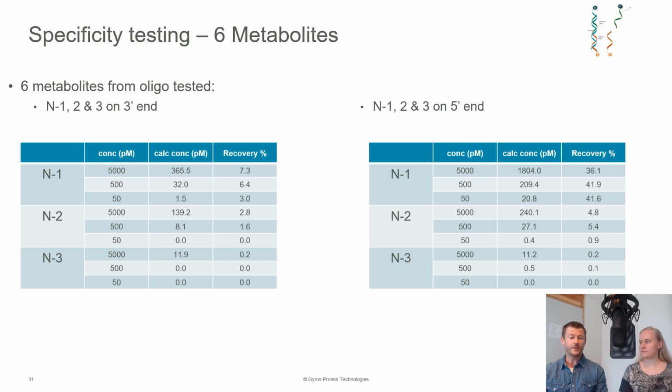But here, as you can see, one of the metabolites, the N-1 at the 5' end, is showing 40% cross-reactivity. This is still quite surprising, since with this assay format we had expected a lot more cross-reactivity across all of the metabolites.